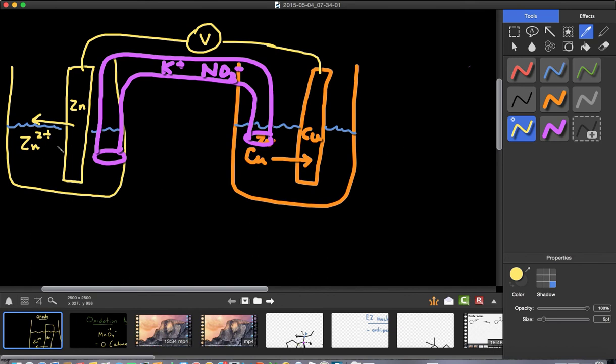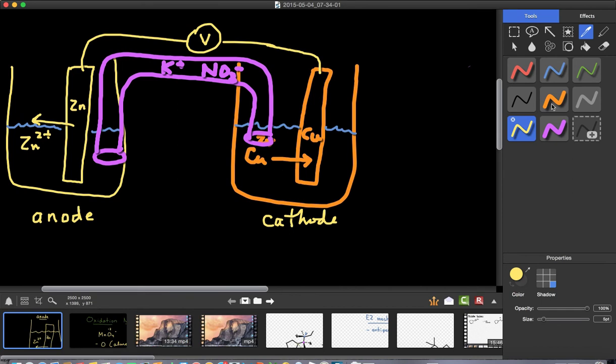So I would build up positive charge in the anode and I would build up negative charge in the cathode. The negative charge that I would build up would result from the sulfate that I have in solution and the disappearance of copper ion.